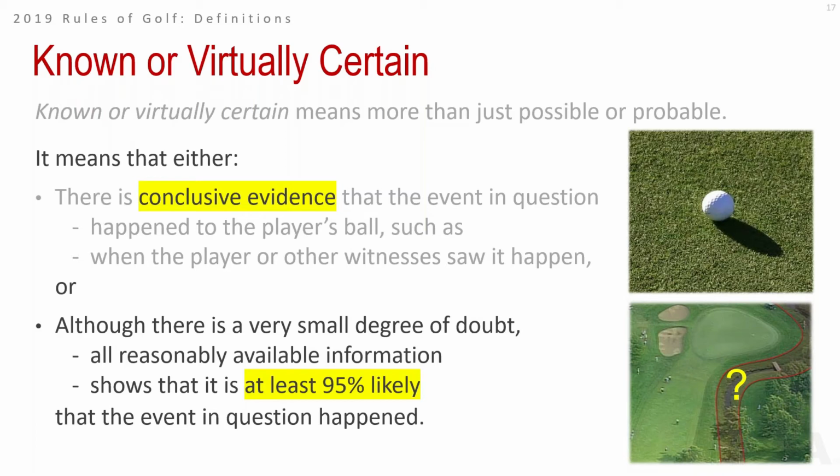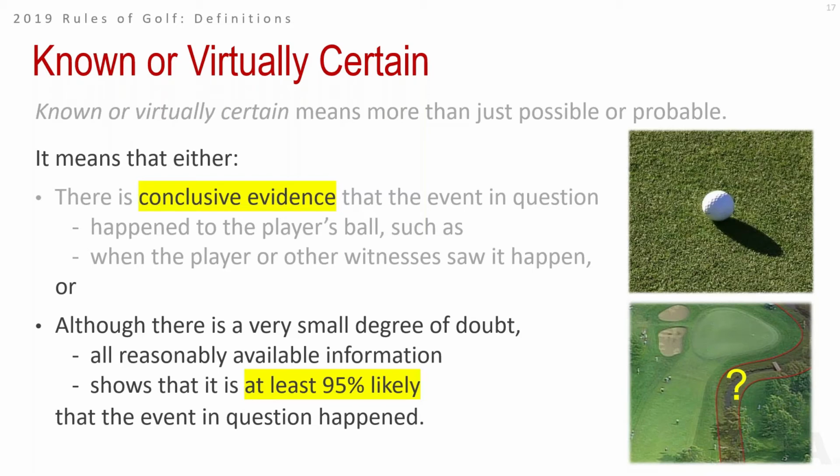Or there is a very small degree of doubt, and all other reasonable available information shows that it is at least 95% likely that the event in question happened. So in that situation where you're playing a hole that has a lateral penalty area, and let's say one of the players in your group hits his or her ball to the left, let's say you don't see it splash, but 95 times out of 100, that ball is going to be in that lateral penalty area.